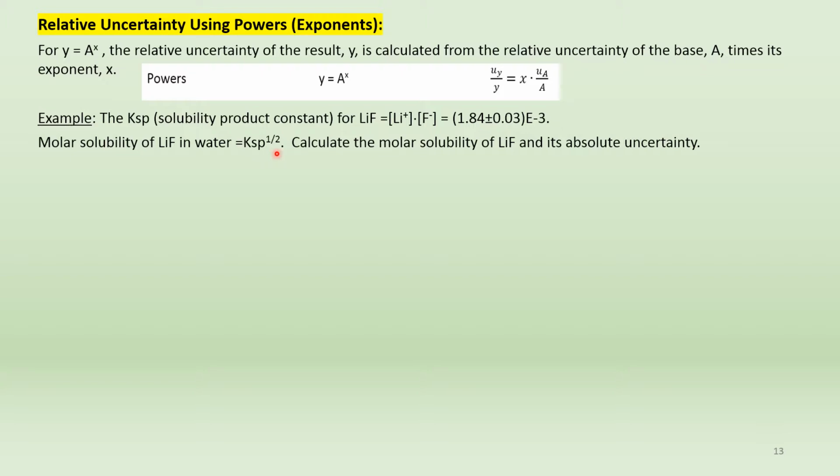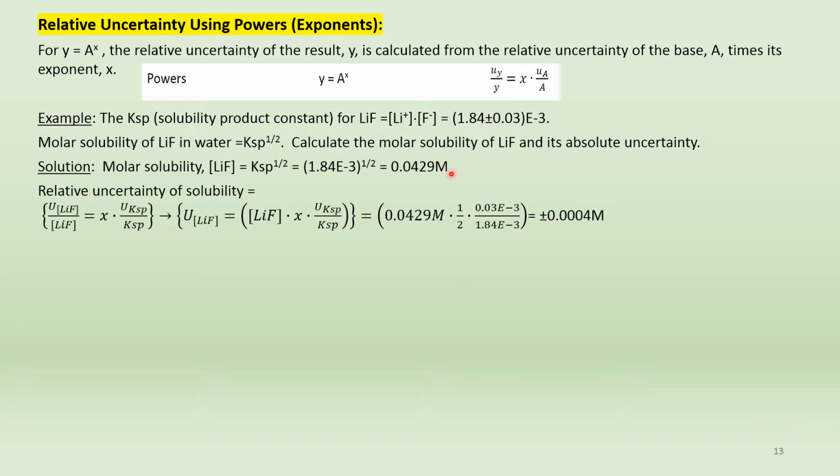I want you to take the square root of Ksp and calculate the molar solubility and then report the uncertainty. We're going to use this rule. So calculate the molar solubility of lithium fluoride and report its absolute uncertainty. So the molar solubility of lithium fluoride is simply, as we said, Ksp to the 1/2. So it's the square root of 1.84 times 10 to the minus 3, which is 0.0429 molar.